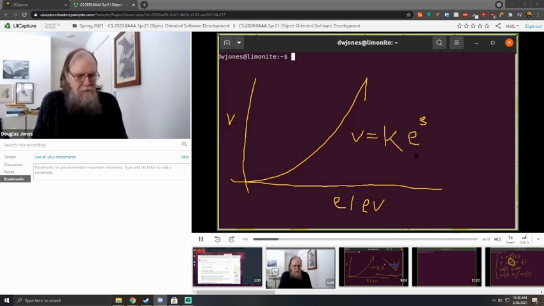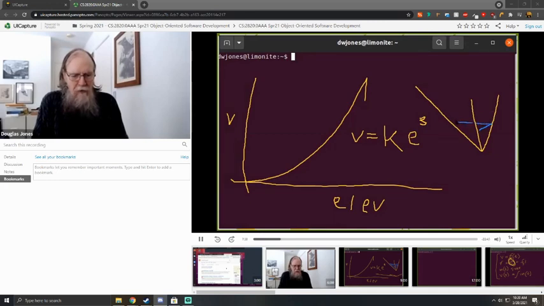And why is it a cube? Well, the reason is that your typical river valley is a V-shaped valley. And in Iowa, our V-shaped valleys are very shallow. And the slope of the riverbed can be approximated as a straight line.